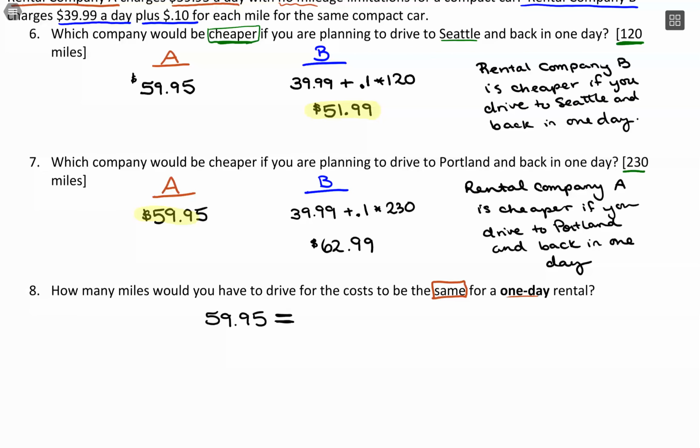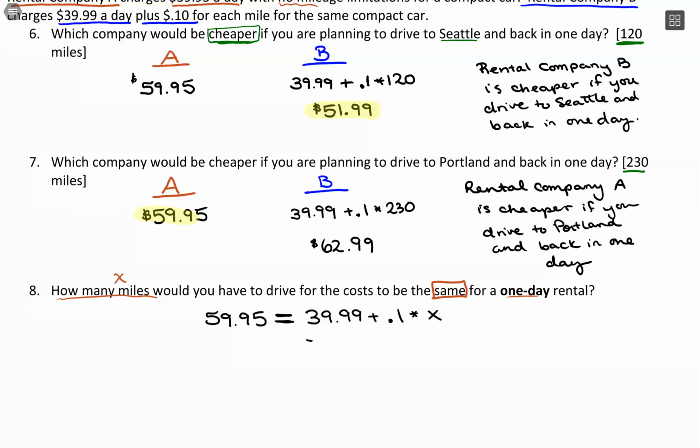Where does that equal what we're doing for company B? The theme with company B is we're taking that $39.99 plus 10 cents per mile. And what we want to do is find how many miles. That's our unknown here. So we'll have 0.1 times the number of miles, which in this case is x. And that becomes an algebra problem of solving for x.